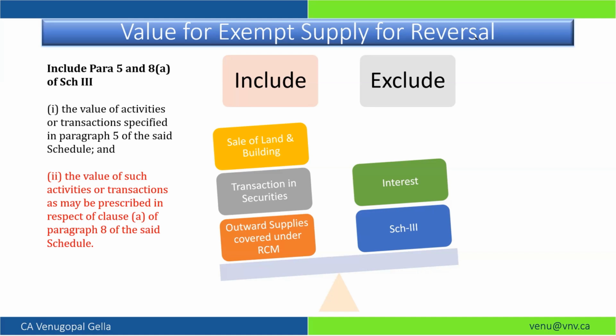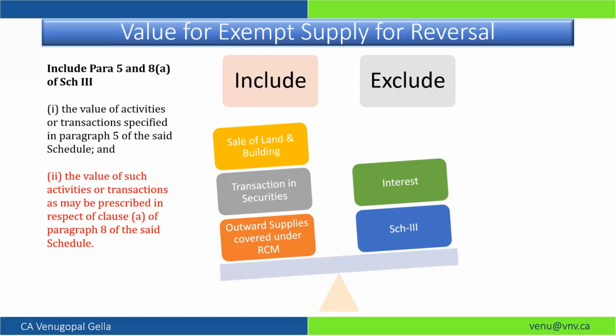Now, they are saying that you have to include these further things in order to calculate your reversal under Rule 43. So what is exempted under GST will form part of the value. Apart from that, what further items you need to add for the Rule 42 calculation has also been provided.